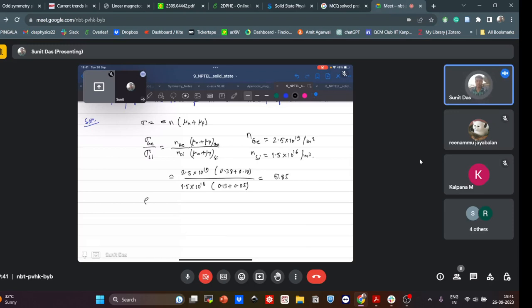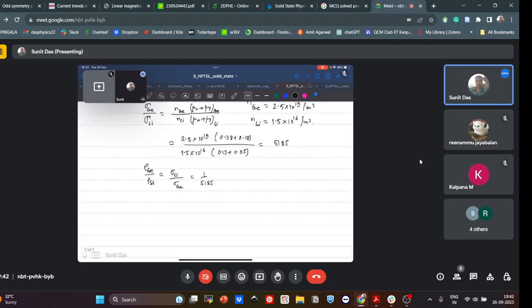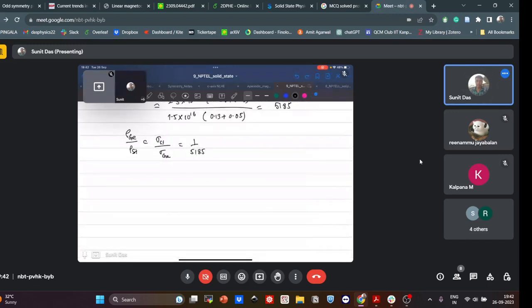So the resistivity ratio will be just the inverse, 1 by 5185, which will be around 1.93 into 10 to the power minus 4. So this is the ratio.